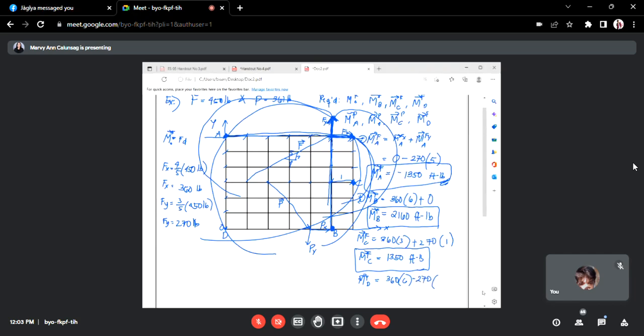And our moment arm, along the line of action, is 1, 2, 3, 4, 5. The moment of F about D is 810 foot-pound.